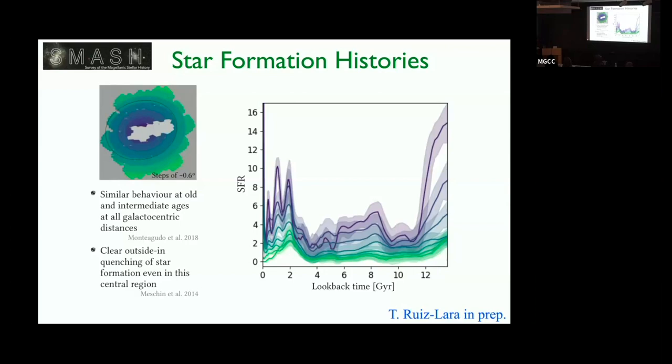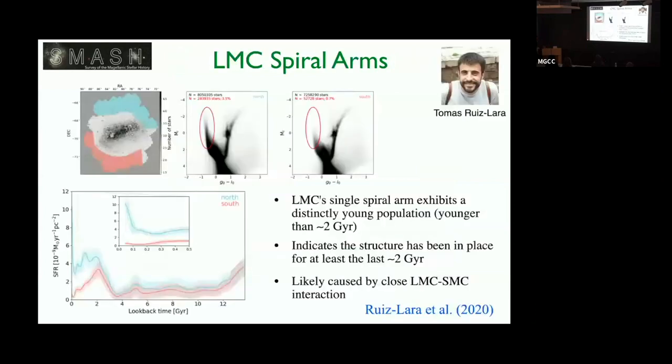Some people think that it's quenching due to ram pressure and gas being stripped off. It's not totally clear, but it's a very evident pattern. We can also look at the spiral arm, right? The LMC has a single spiral arm, which is up there in the northwest in the blue region.